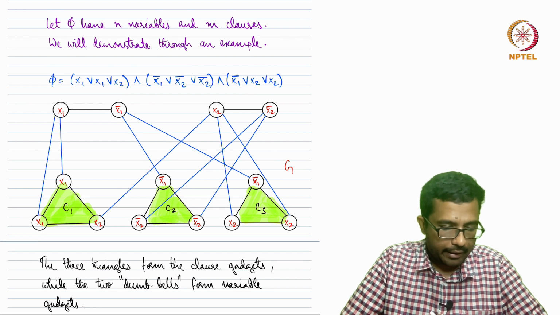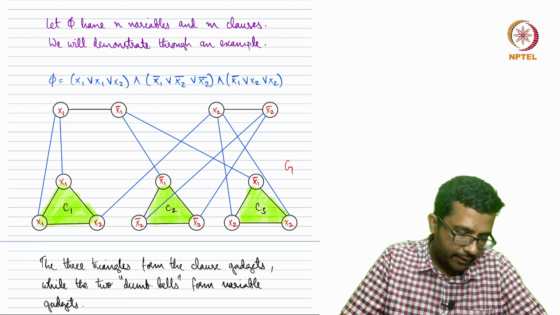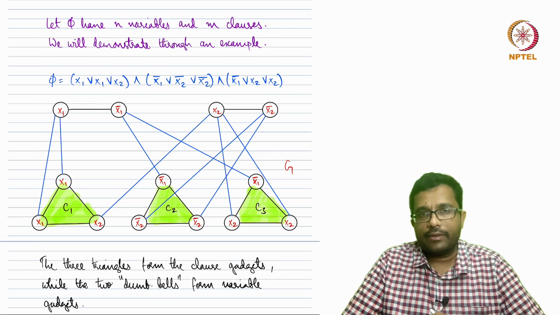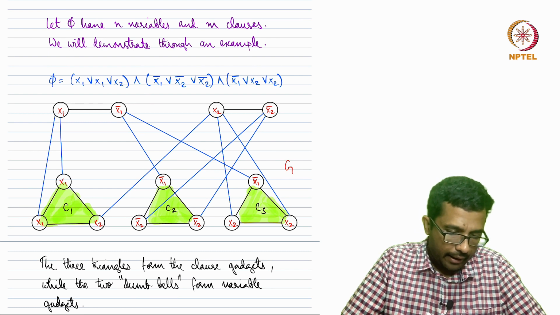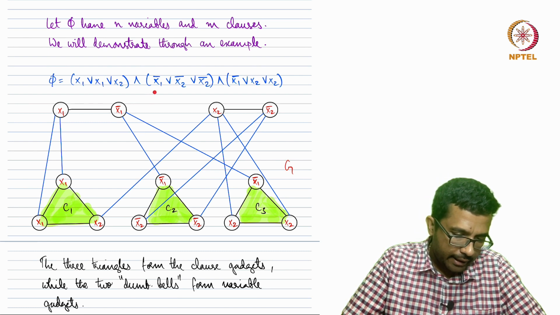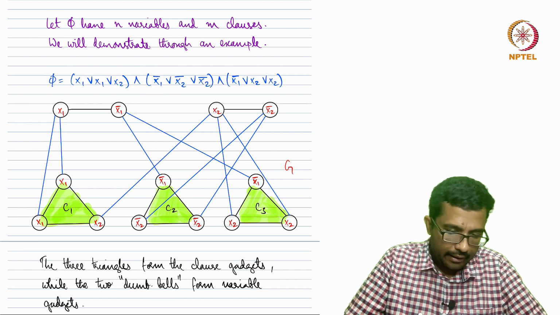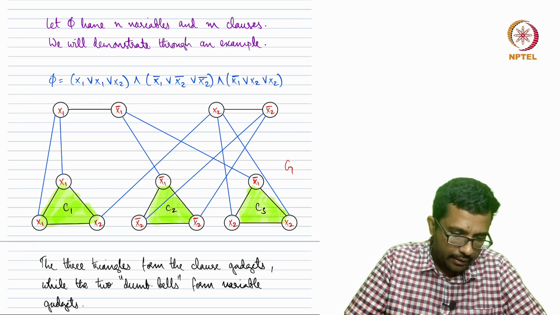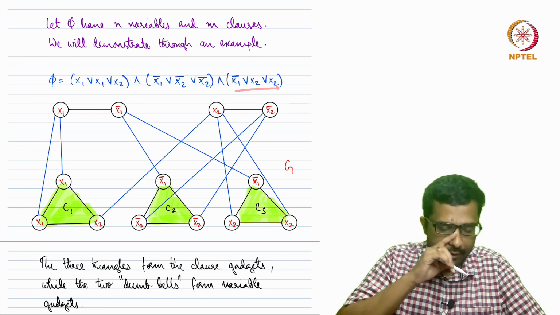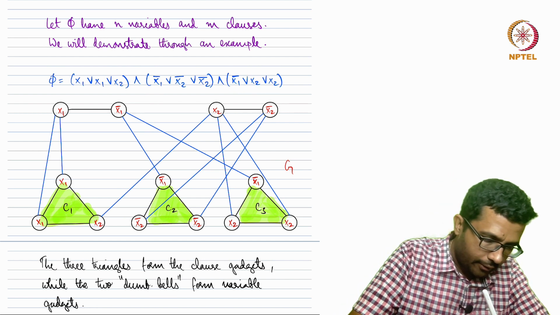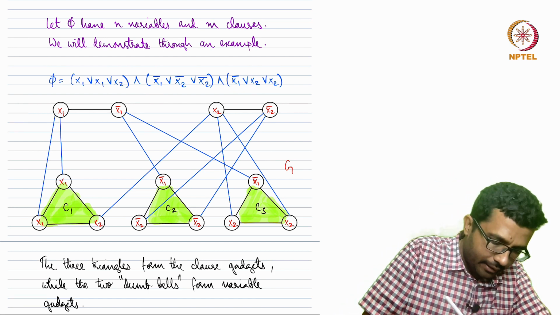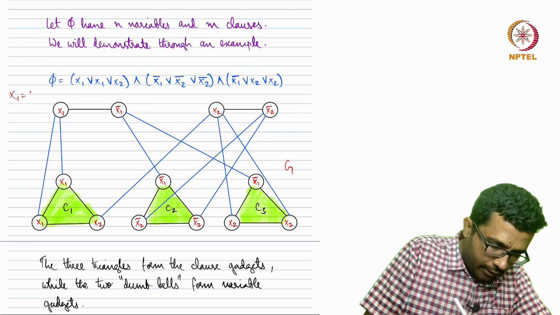So we have to take another strategy. Let's say we set x2 to true, that also satisfies the first clause. And since x2 is true, we set x1 to false, that satisfies the second clause. And then the third clause is also satisfied, right? So the one satisfying assignment is x1 false and x2 true.